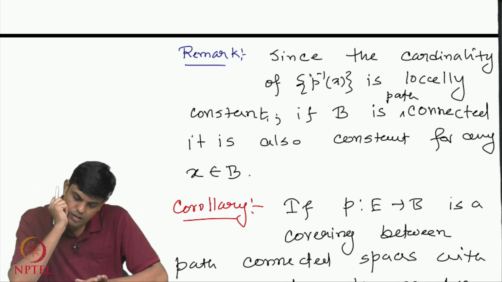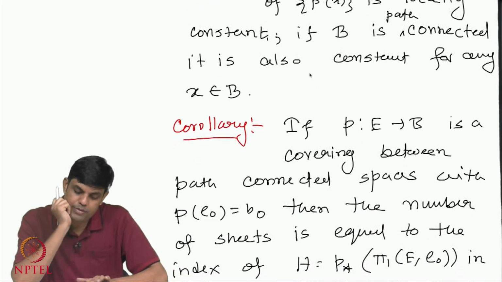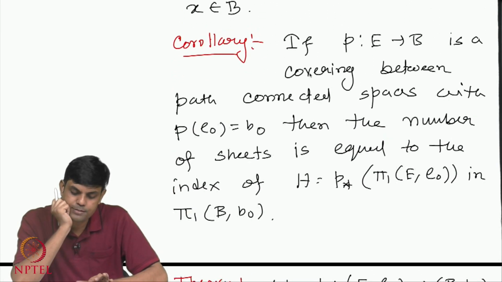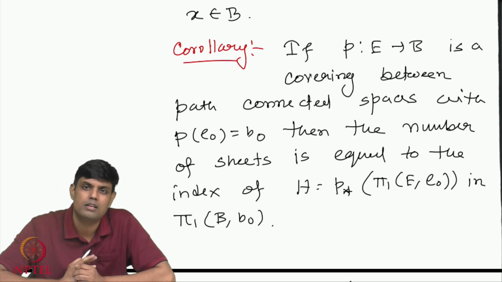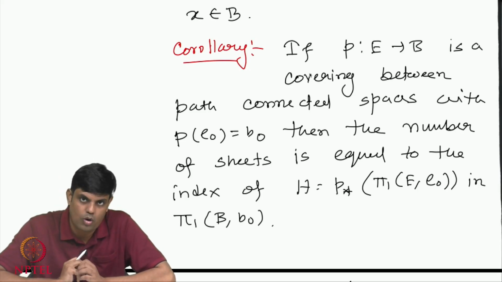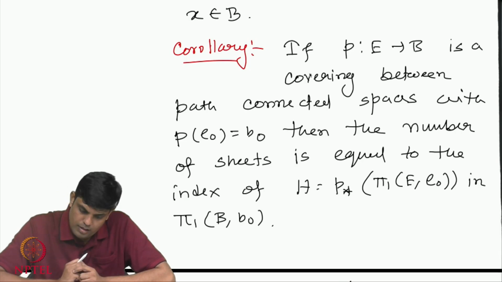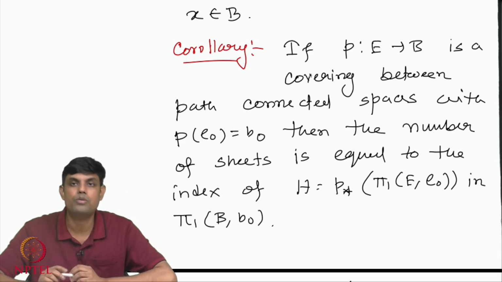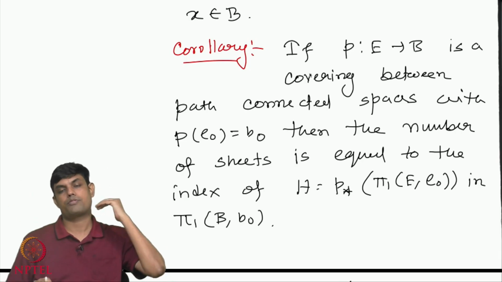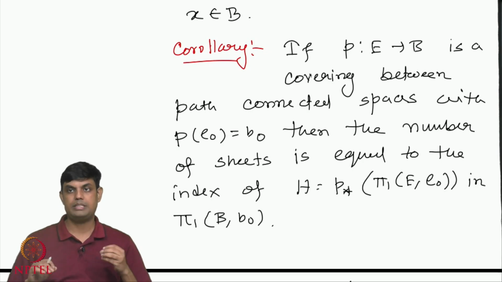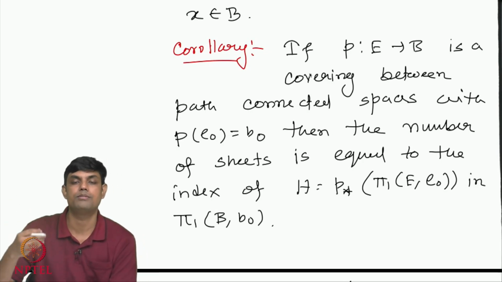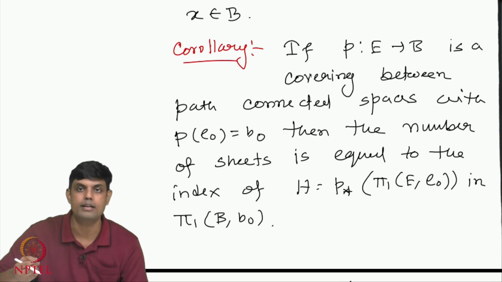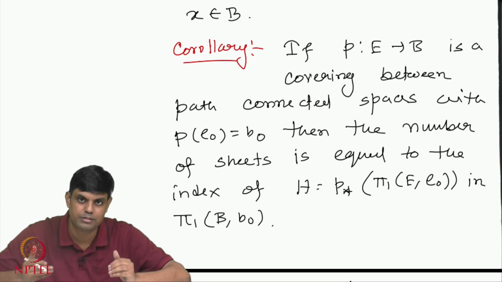Okay. So now, using our previous proposition, we can associate the number of sheets of a connected covering space and the corresponding cosets of the image of P star. So the corollary is, we know that there is a one-to-one correspondence between the right cosets of H, which is the image of P star, and the elements in the inverse image P inverse of the base point, and therefore this is a bijection if B is path connected.